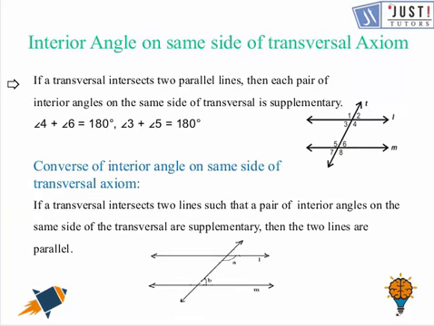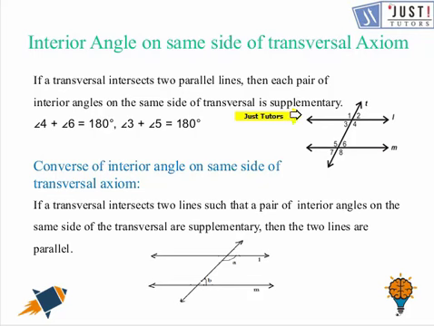Now let's see what the interior angles on same side of transversal axiom is saying. It states that if a transversal intersects two parallel lines, then each pair of interior angles on the same side of transversal is supplementary. That means the angles on the same side of transversal, that are interior to the parallel lines, add up to 180 degrees.